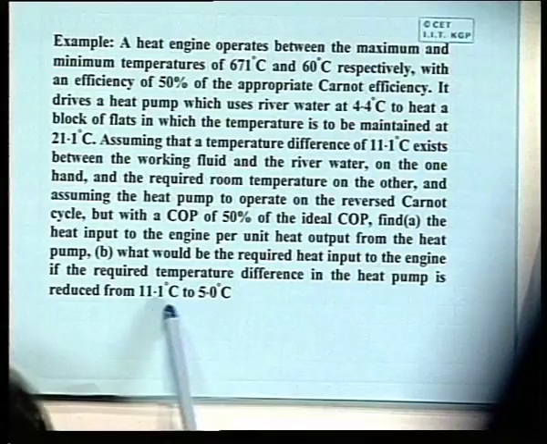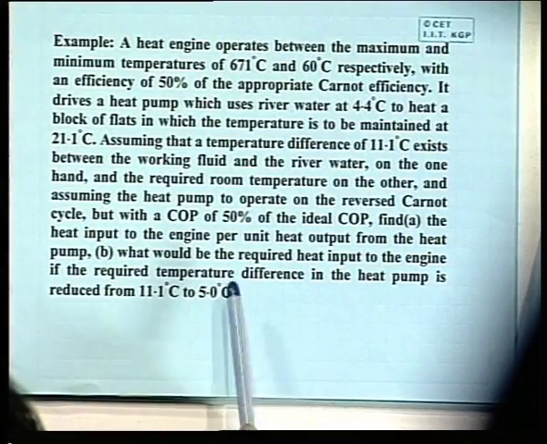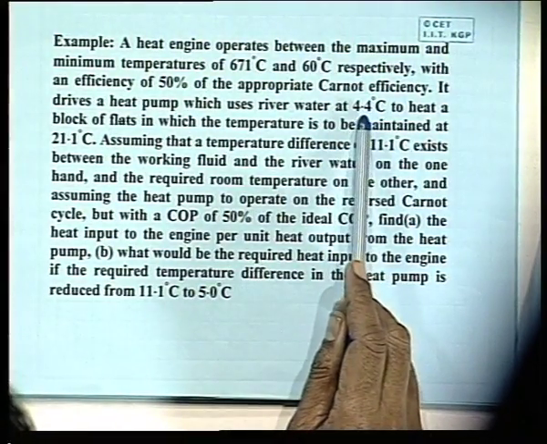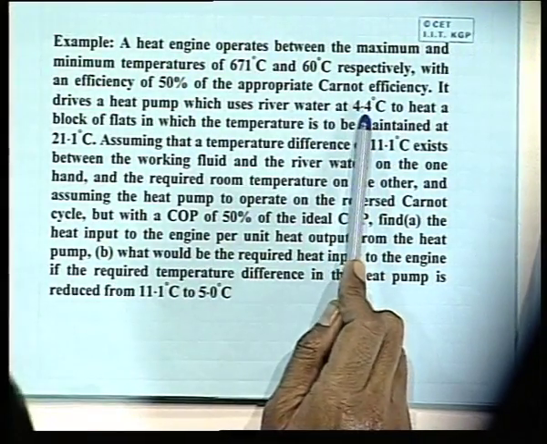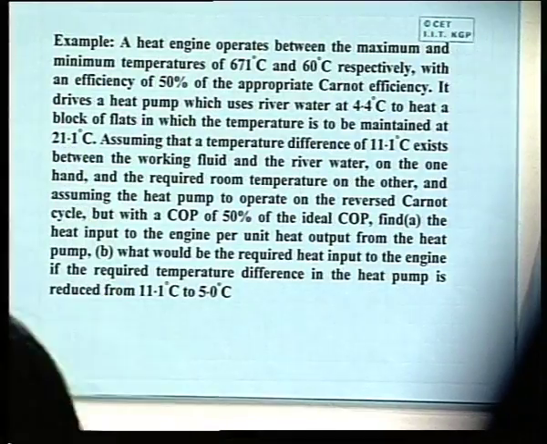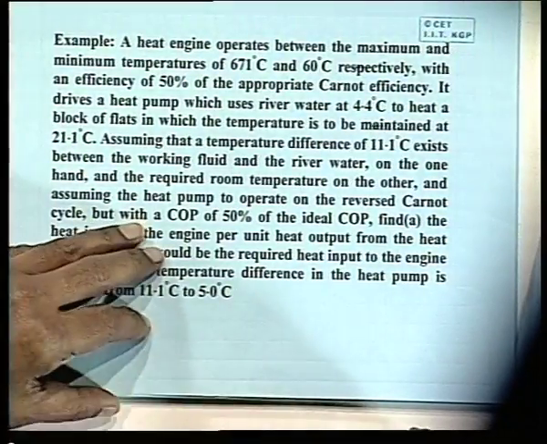That means this is the difference in temperature on both sides, between the working fluid and both the reservoirs at 4.4 degrees Celsius and 21.1 degrees Celsius. So, this is the problem. Now let us see how we can solve it.